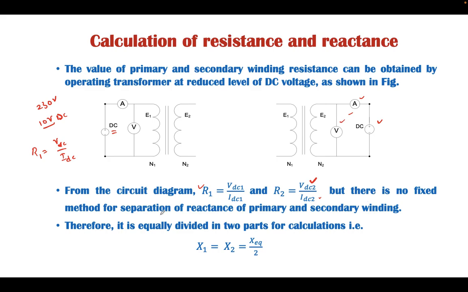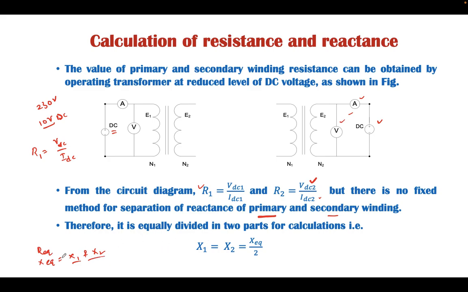But there is no fixed method for the separation of reactance of primary and secondary. From the open circuit and short circuit test, we calculated R equivalent and X equivalent. X equivalent is the combination of X1 and X2, either referred to the primary side or secondary side, either referred to the low voltage side or high voltage side.